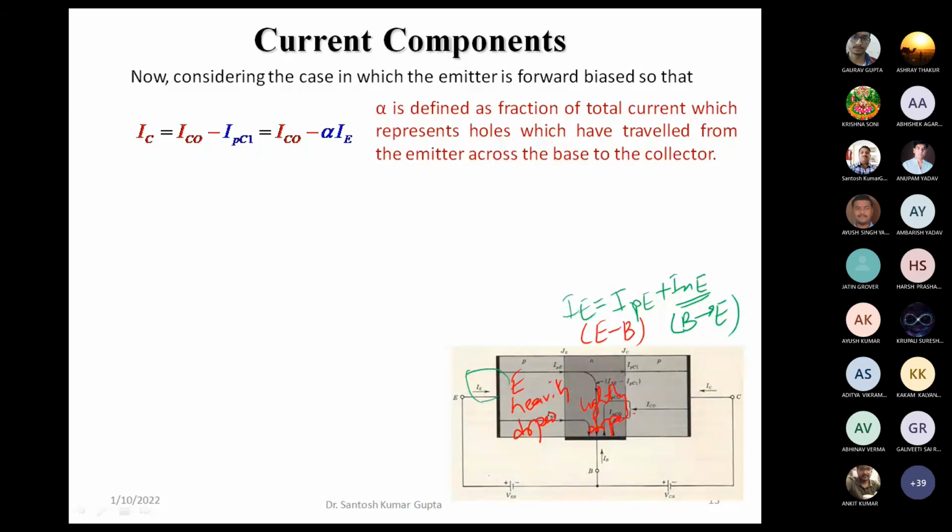So a large quantity of carriers is injected from the emitter into the base rather than from the base into the emitter. So INE is most of the time assumed to be negligible, and we say that IE is almost equal to IPE. A part of this IPE is recombined in the base and the rest is collected by the collector.